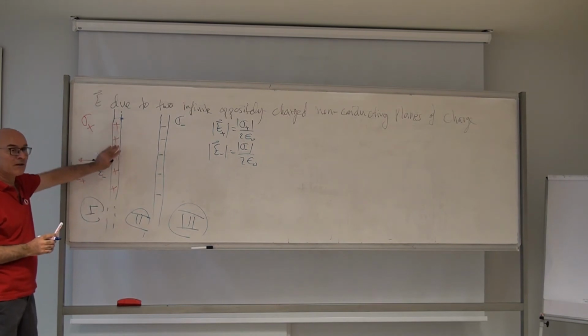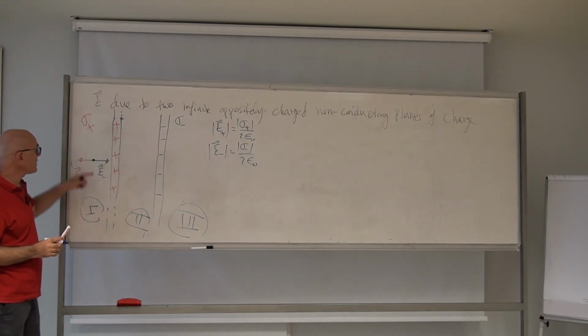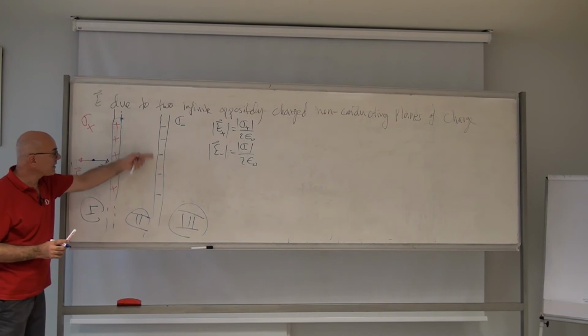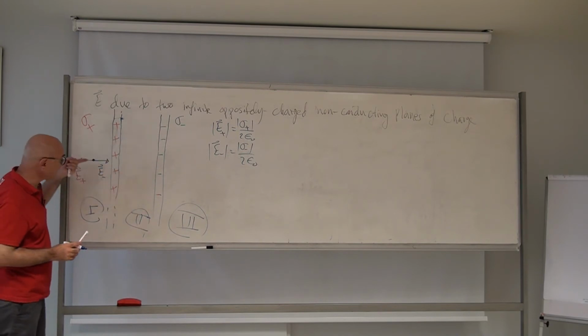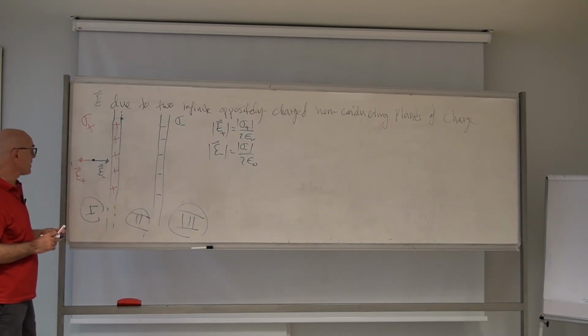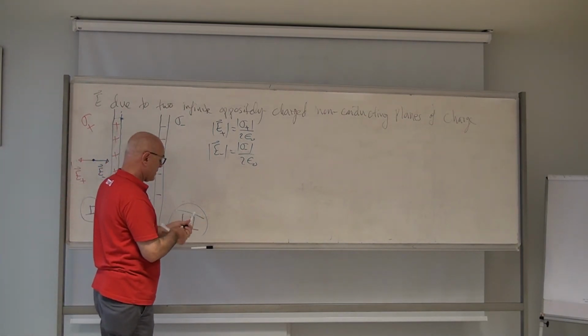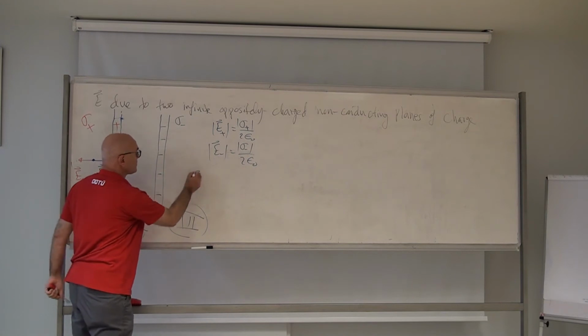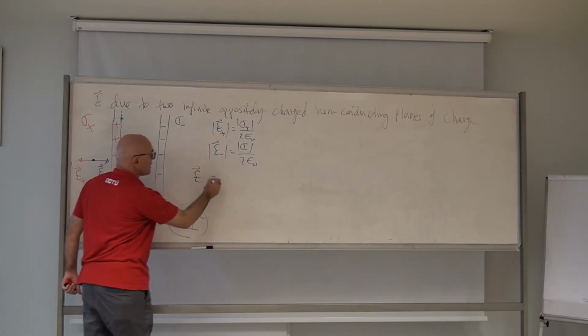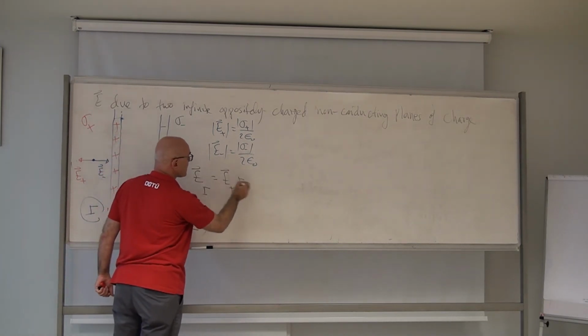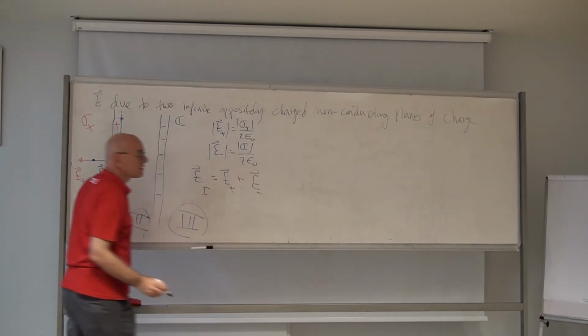Assuming the absence of E plus, you just draw E minus. Why is it directed this way? Because E minus, the electric field of a negatively charged plane, is directed towards the plane itself. So the electric field in region 1 is equal to E plus plus E minus.